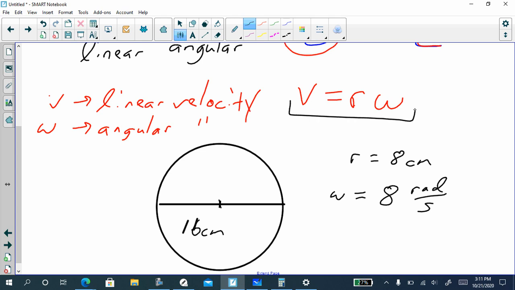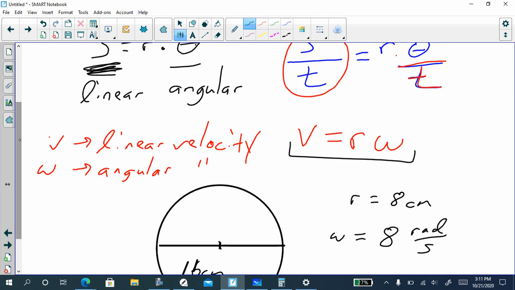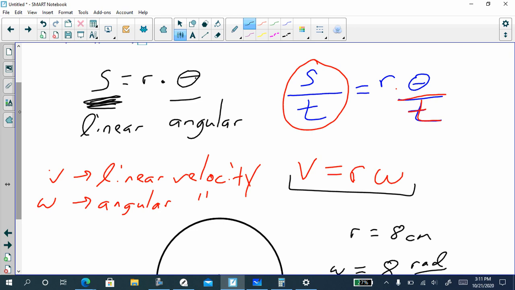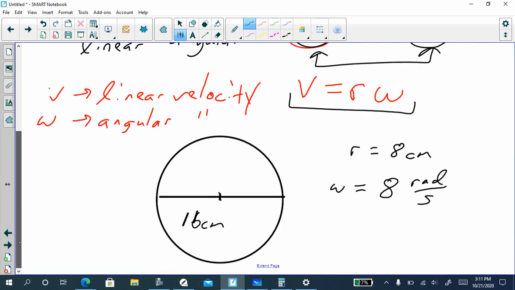In this formula, notice that where we got that from, theta is an angle that's in radians. And our time quantities have to match. So if it's radians per second here, then we're going to have a distance per second here.